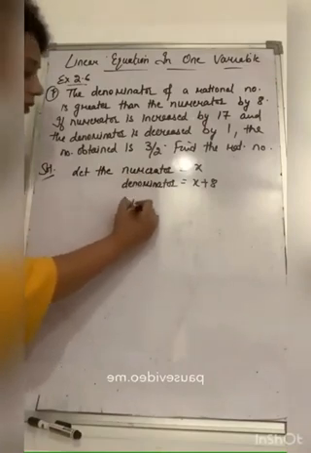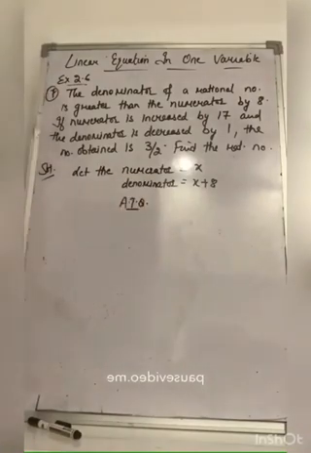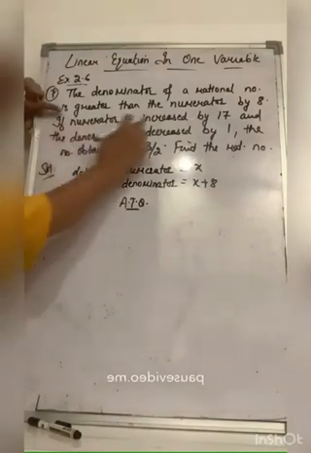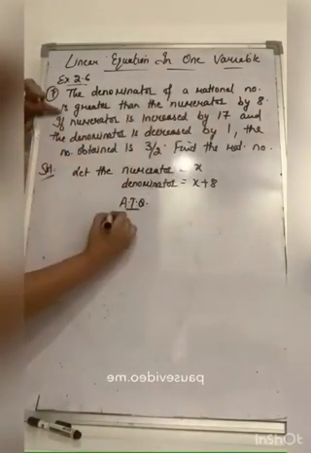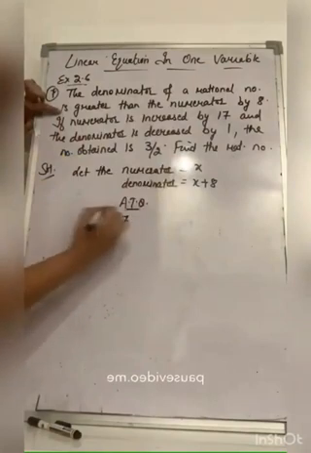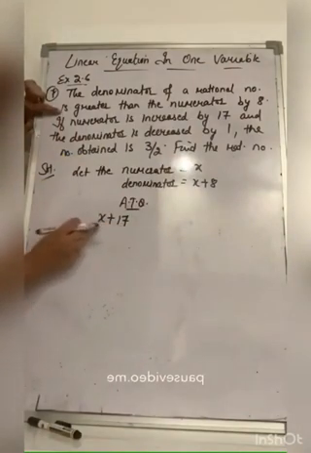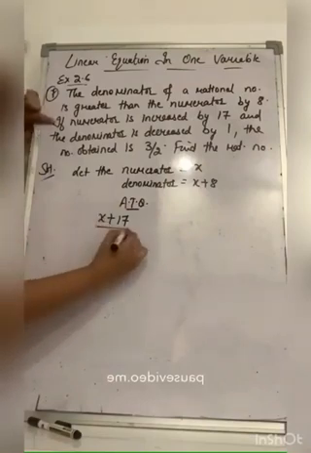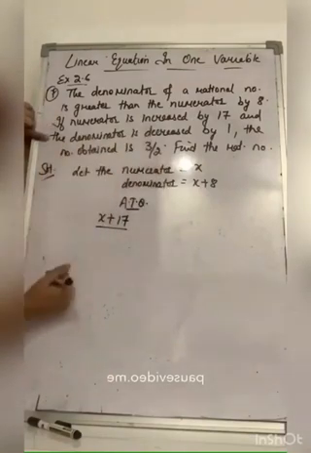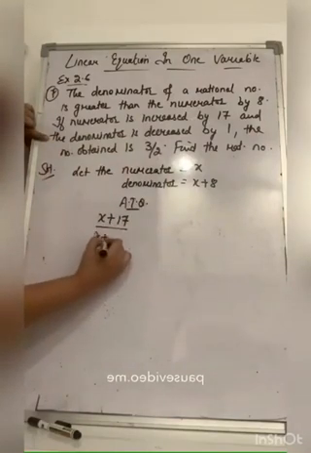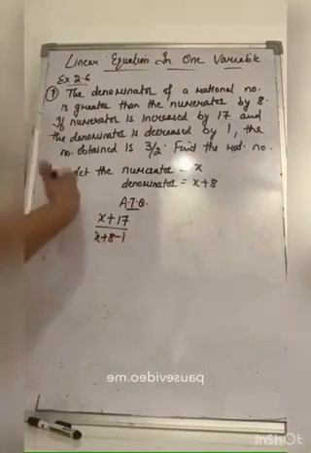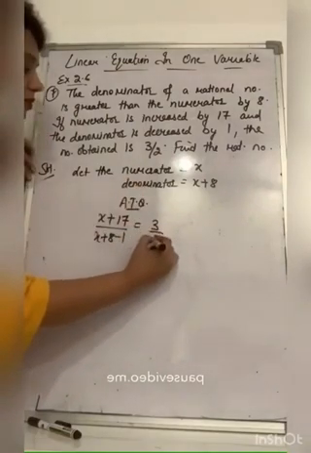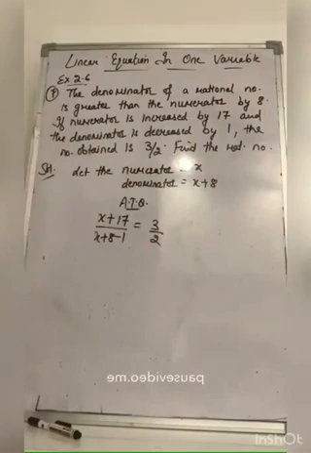If the numerator x is increased by 17, we add 17 to the numerator. The denominator is x plus 8, decreased by 1 means minus 1. Then the number obtained is 3 by 2.